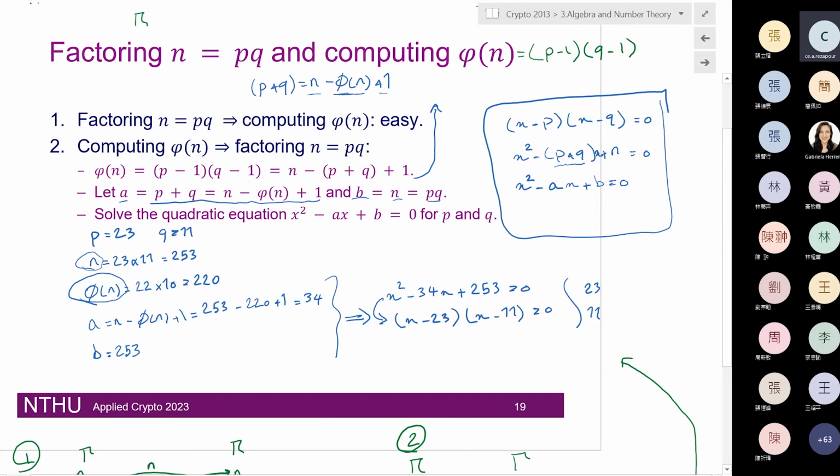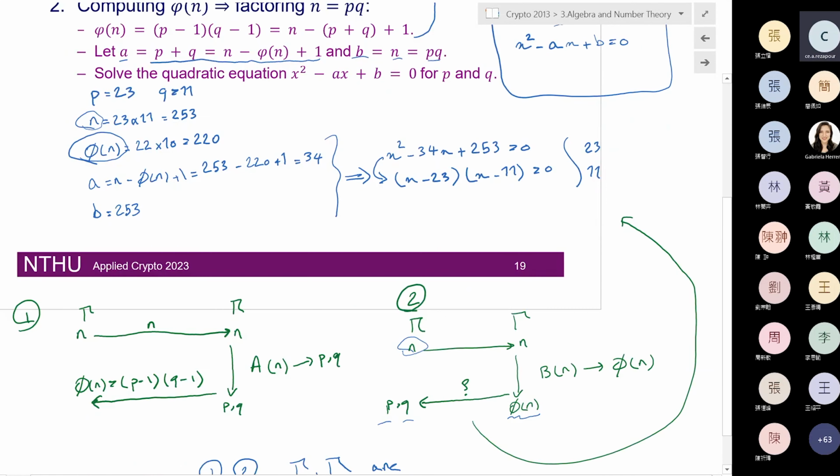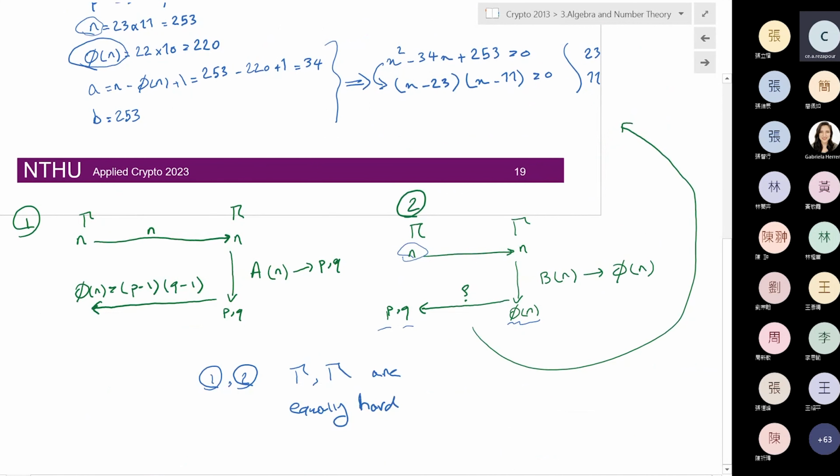When you show that from both sides you can get to the other side, you show that those two problems are equal. Here, what we are showing is that these two problems are equally hard, equally difficult to solve. And this really closes the loop that, given any of this information, one can really jeopardize the security of RSA, which we will get into very soon.